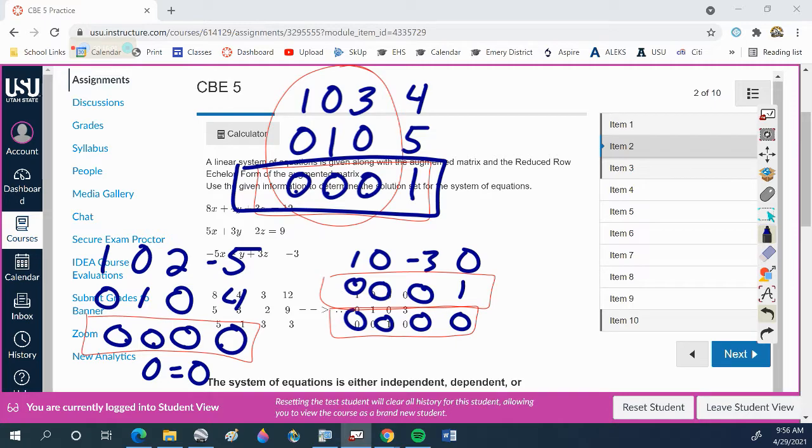So basically, we have two planes that are identical, and then one plane that is parallel to those other two, or something like that. Okay? So if you have infinite solutions, you'll have the bottom row all zeros. If you have no solutions, the bottom row will be 0, 0, 0, 1. If you have both of those, the bottom row is all zeros, and the second row is 0, 0, 0, 1, then no solution wins.